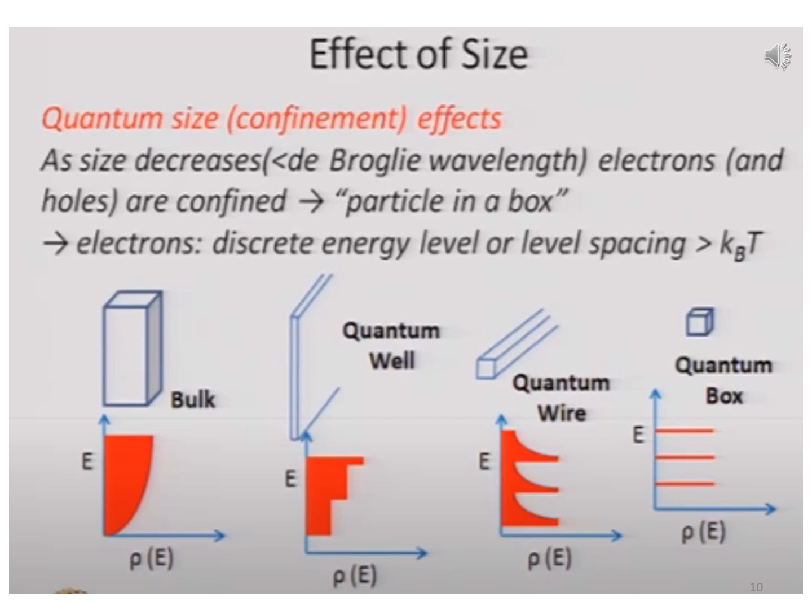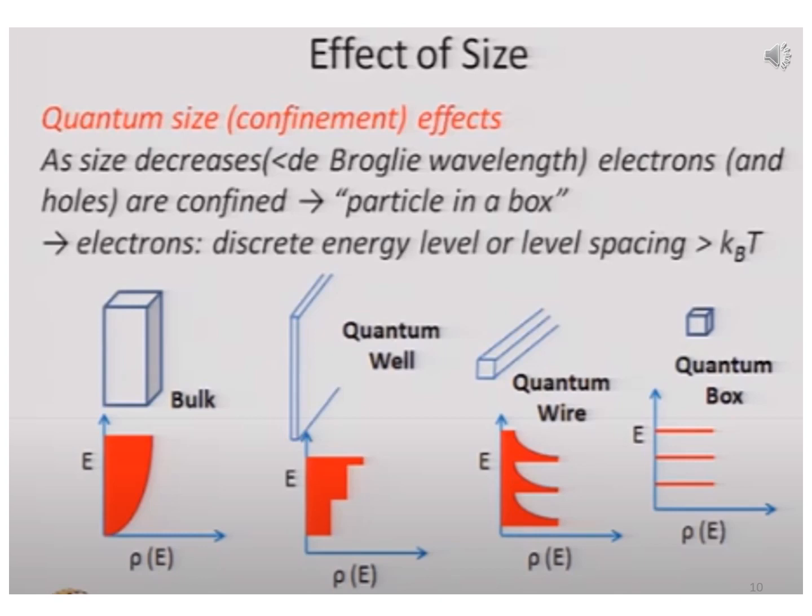For each step the density of states is constant. This is called the quantum confinement effect, because in bulk the density of states is not constant at any energy.